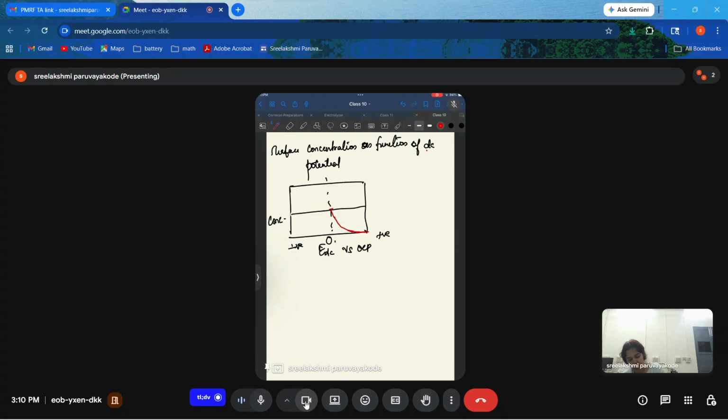Same way when you go to the negative potential, so this is the concentration of the reactant. When I'm going negative, this reactant concentration increases, and after some time it becomes kind of stabilized. It doesn't increase in the same way. Now, on the contrary, for the concentration of the product at positive potential, it keeps on forming and then kind of stabilizes. Here also, in negative, it reduces and then stabilizes.